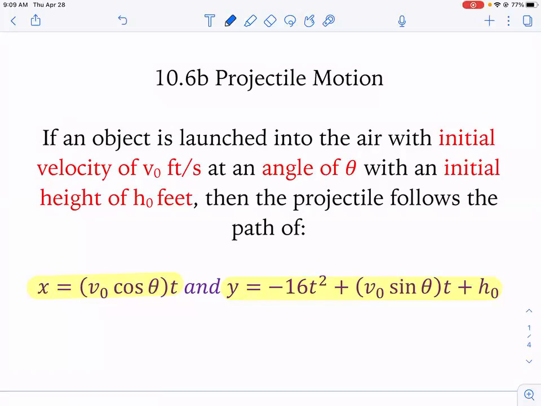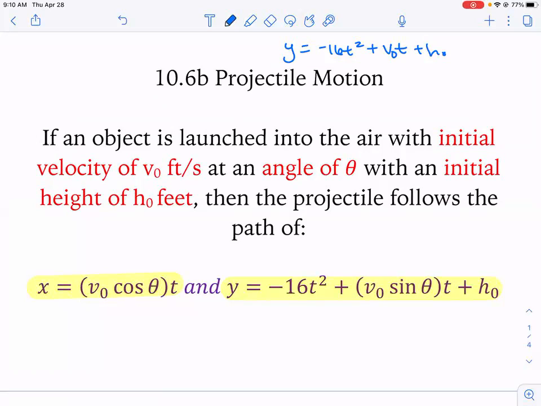Okay, so it seems like you have most of this written down. Let's talk about what the advantage of this is. Back in Algebra 2, you probably remember working with an equation that looked like this: y equals negative 16t squared plus velocity t plus height.